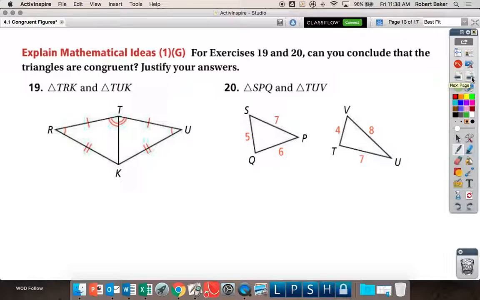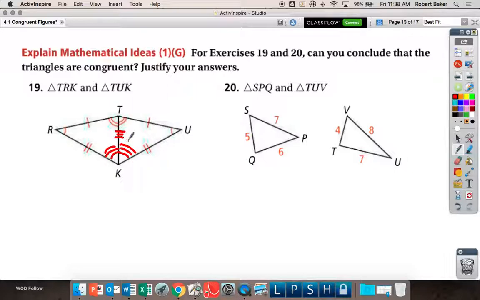Are these congruent? Is triangle TRK and triangle TUK congruent? Yes? Yeah, because then you can assume that the third angles are congruent. So the assumption that the third angles are congruent is correct, because that's the third angle theorem. So now we have 3 congruent angles. And the reflexive side.